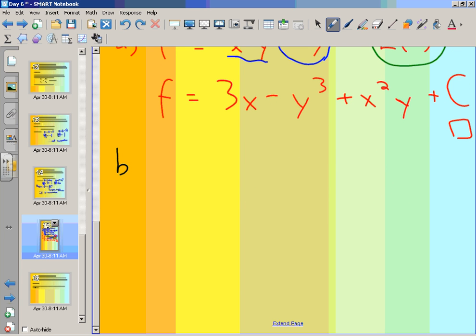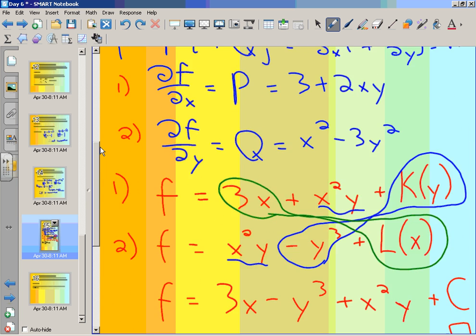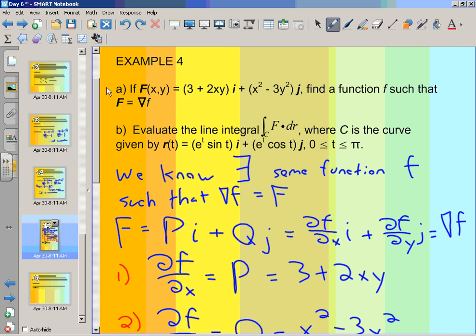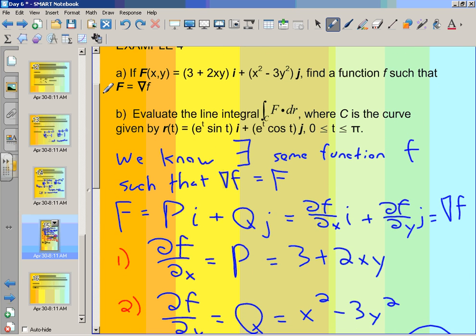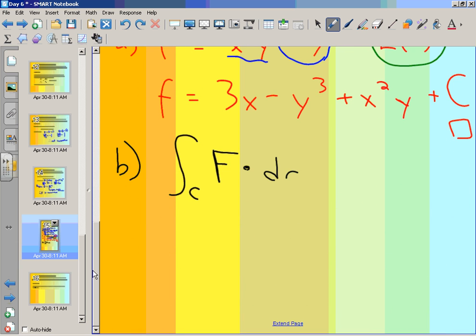For part B, we want to evaluate the line integral over C of F dot dr. And I think we said C is given by r(t) equals e^t sin t, e^t cos t from 0 to 5. Okay, so how can we evaluate this integral?